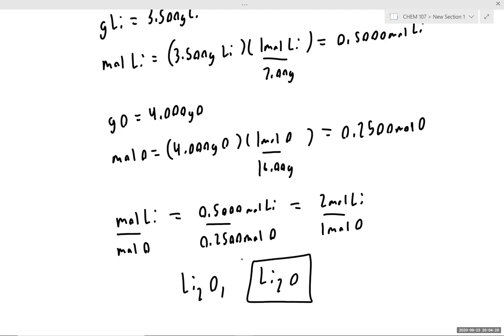Does it make sense to everyone how we calculate the empirical formula from the mass of each of our elements?